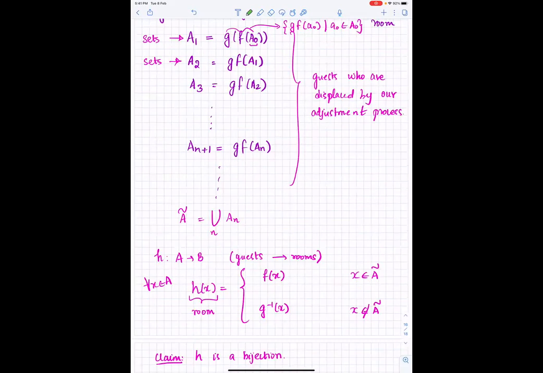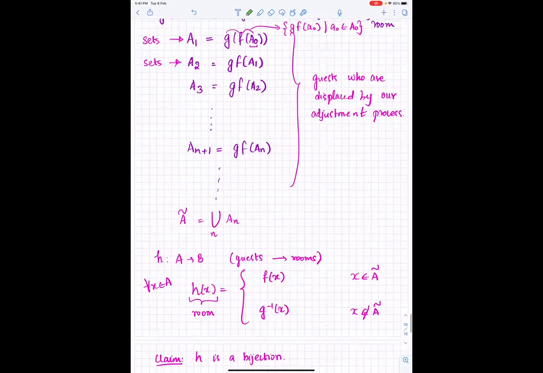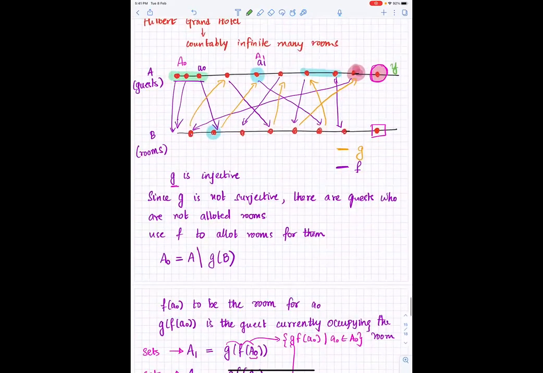Ma'am, if an element belongs to Ai, then it cannot belong to Ai plus 1, right? That is right, because he would have been allotted a room in the previous round itself. Can there be cycles? If X belongs to Ai, can it belong to Aj, if j is greater than i, eventually?